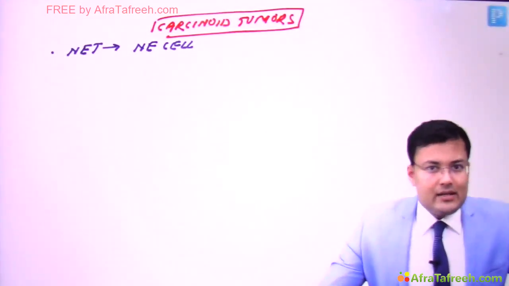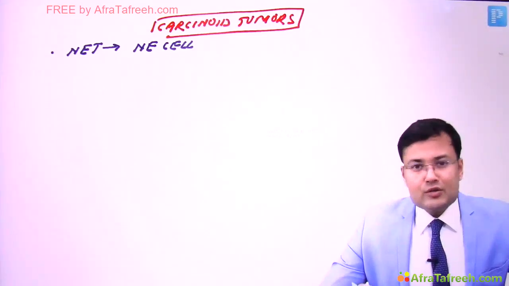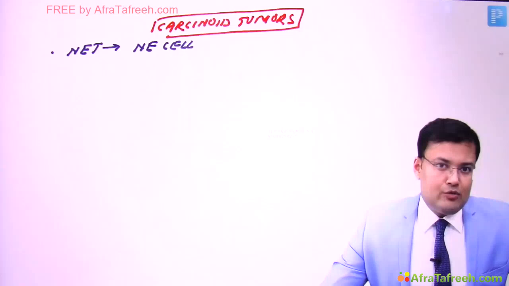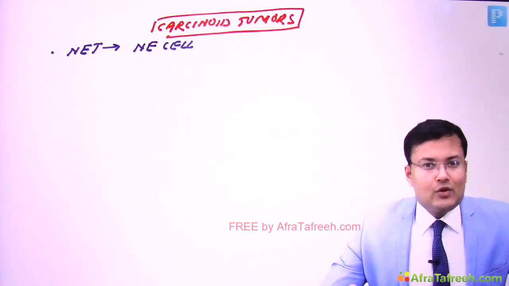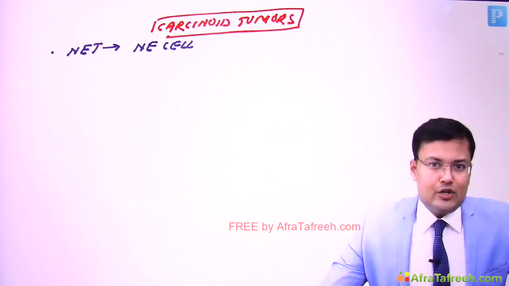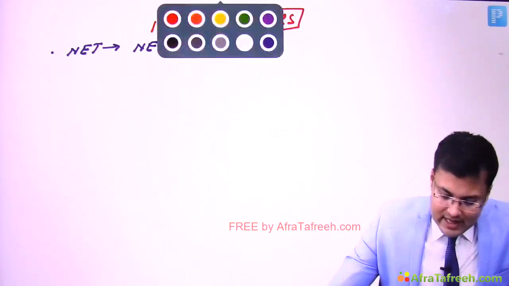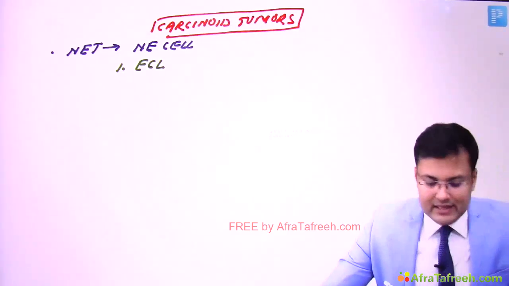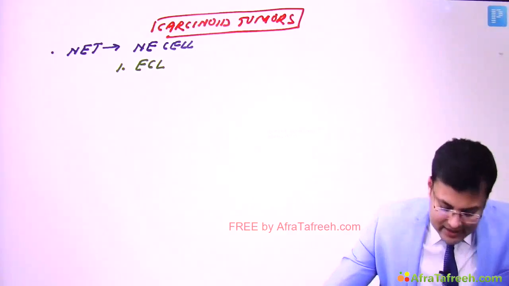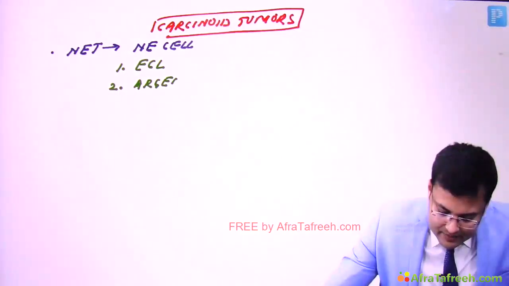This neuroendocrine cell, it varies depending upon the organ. So if you are talking about small bowel or small intestine, the carcinoid tumors are arising from enterochromaffin-like cells. It can arise from argentaffin cells.